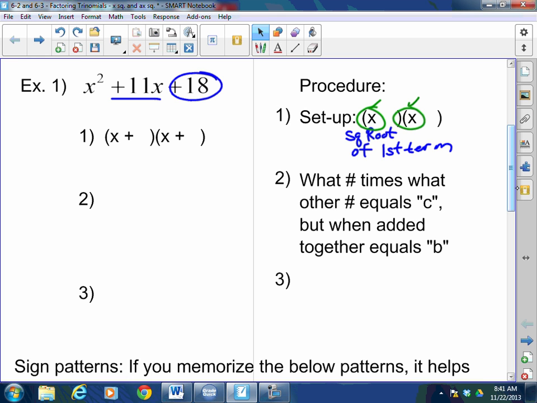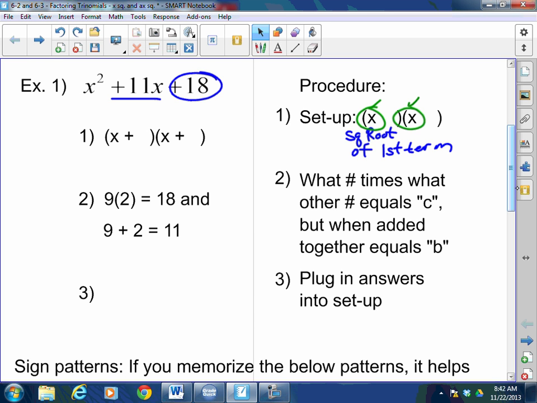If you know how to multiply, you're going to love this chapter. If you don't know how to multiply, you're not going to be too happy. I saw a hand here. Absolutely. 9 times 2 equals 18, and 9 plus 2 equals 11. So step 3, plug in your answers, and you're done.